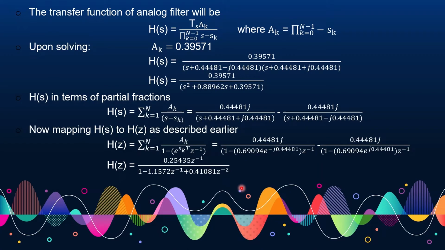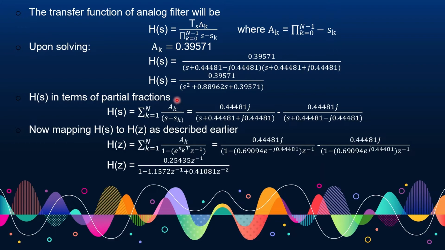The transfer function of analog filter will be H of s is the product of A k by product k is 0 to n minus 1 of s minus s k, where the coefficient A k is product k is 0 to n minus 1 of minus s k. Upon solving this, we get A k is 0.39571. Substituting this in the H of s, we get 0.39571 by s square plus 0.88962 s plus 0.39571.